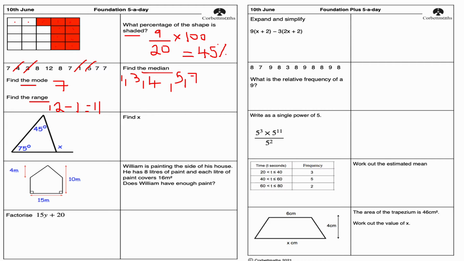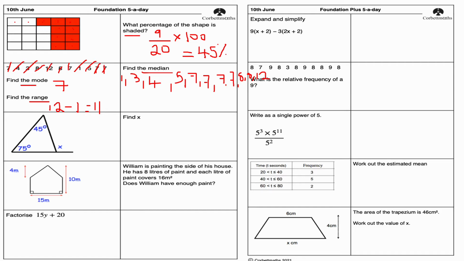So 7, 7, 7, 7. Then 1, 2, 3, and 4, and then I've got 2 8s, and then I've got a 12. I appreciate that I've gone over the page, but hopefully it is still readable and legible for you guys. So 2 8s and a 12.